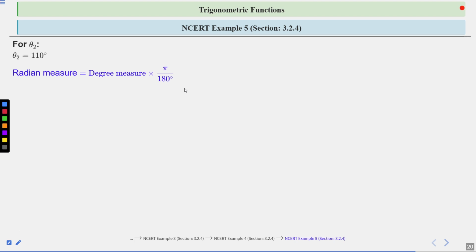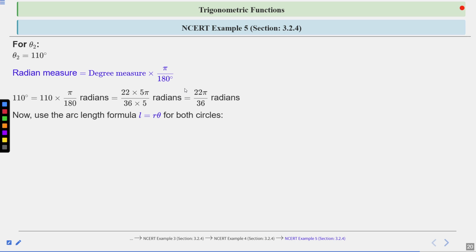So if you have a degree measure, just plug the value into the right hand side and you will get your radian measure as output. So this 110 degrees is 110 times pi by 180 radians. Just simplify, cancel the common terms. You will get 110 degrees as 22 pi by 36 radians.